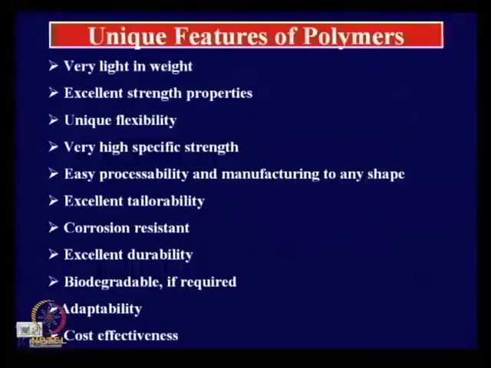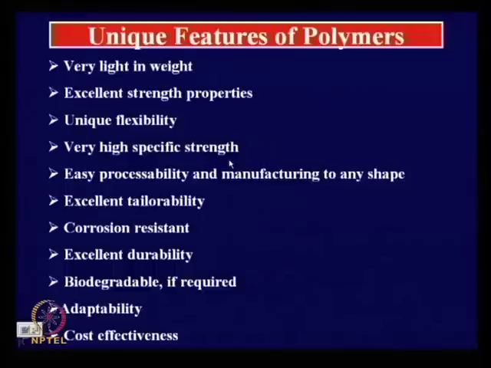Whereas, if this composite is light as well as can withstand very high impact, it will not break in that fashion. So, that passenger inside the vehicle will remain safe even if the accident is very severe. So, these are the advantages. Very high specific strength, this property we should not forget.